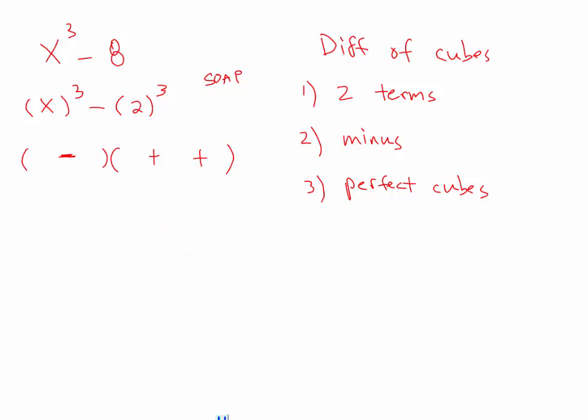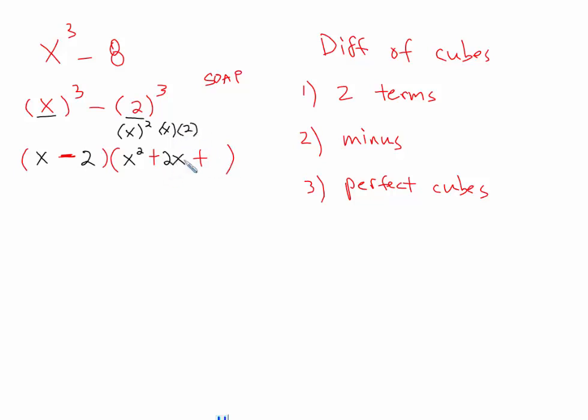And then once you have your signs, you could take these values right here that you've already found, plug them into the binomial, x and the 2. Okay? To fill in your trinomial, to get this term right here, you take this, whatever this is, and you square it. So in this case, you get x squared. To get the middle, you multiply these two. So that's x times 2. That'll give you 2x.